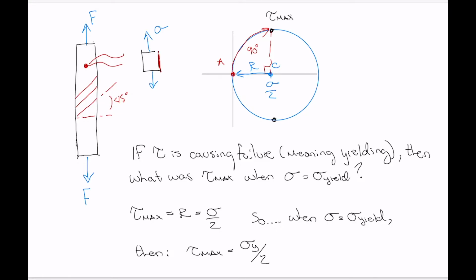So what we can do is use this to say that failure of the ductile material, this ductile metal, if it's occurring due to shear stress, then that failure will occur when the maximum shear stress present reaches the normal yield strength of the material divided by 2.